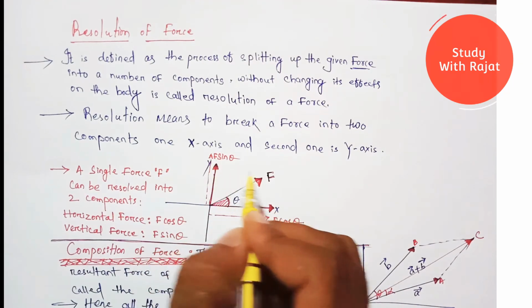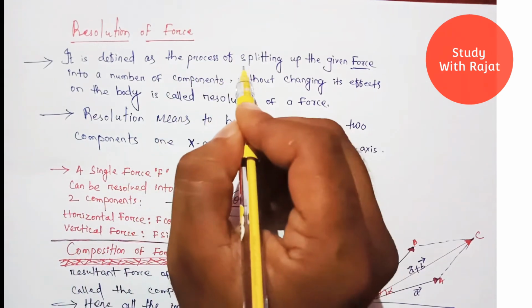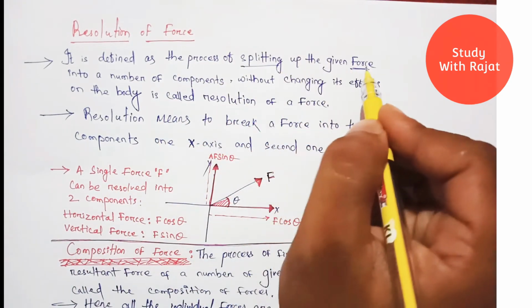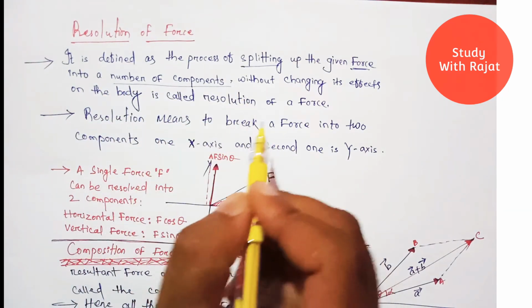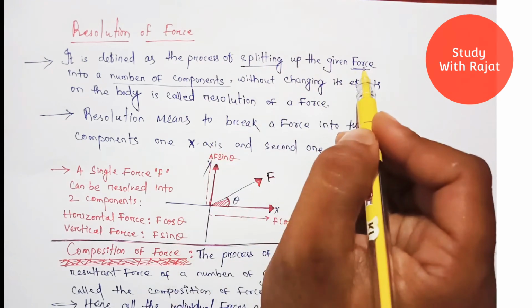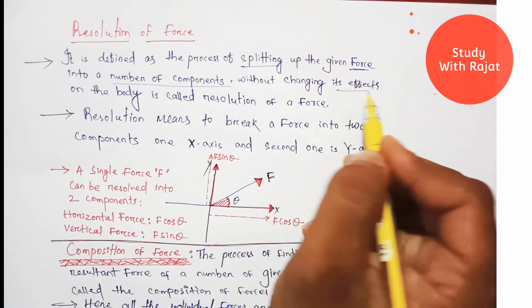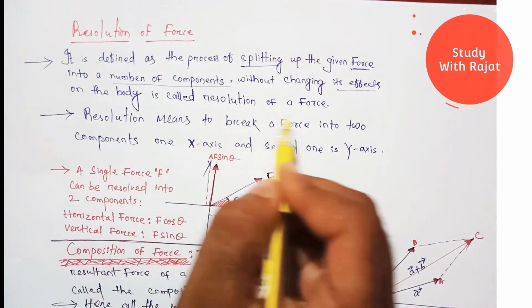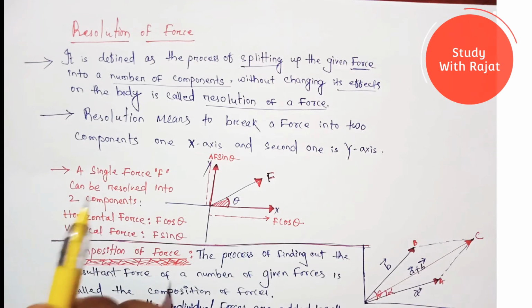So the process of splitting a given force into a number of components without changing its effects on the body is called the resolution of force. It's very easy, you have to understand it.